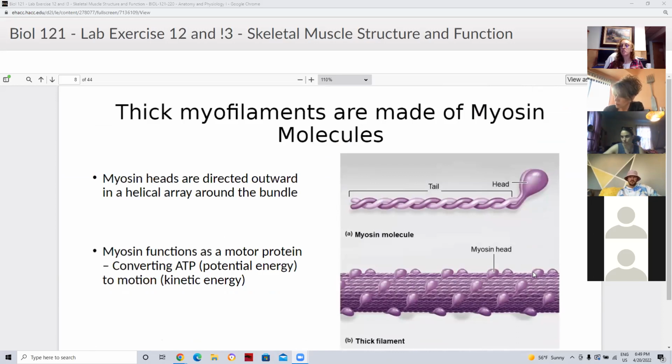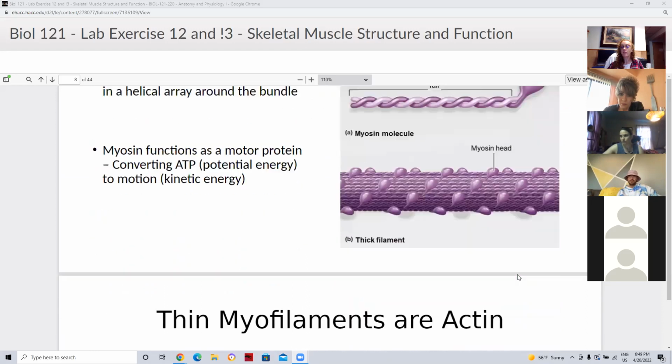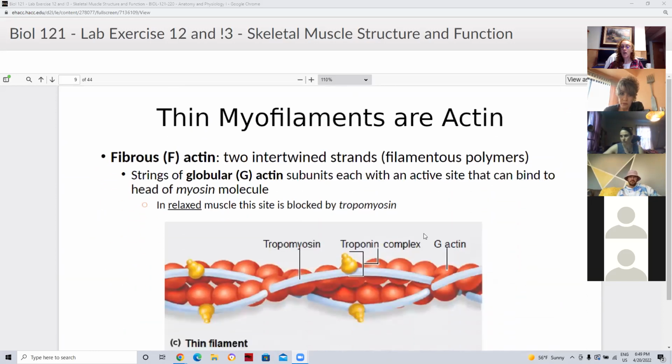So myosin functions as this motor protein, converting ATP into motion. The thin myofilaments are actin, where we have two intertwined strands. There are strings of globular actin subunits.